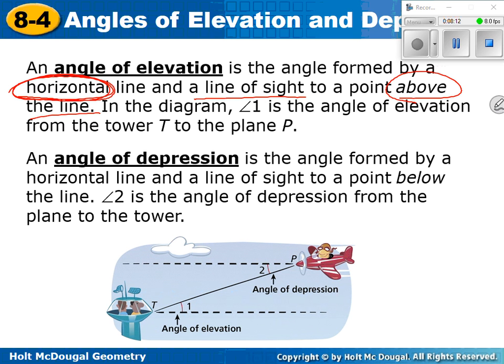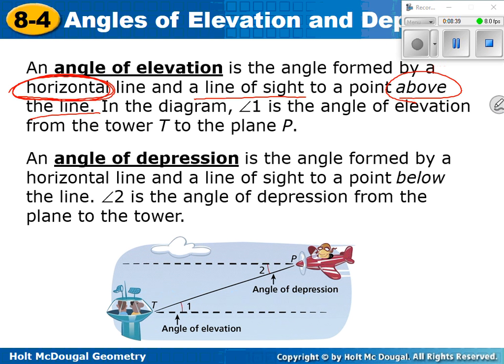In other words, I'll draw up here on the board. If I have a horizontal line and I'm going up with my line of sight, so I'm looking up at something, this is an angle of elevation. Does that make sense? If I am looking down at an object so that my line goes down from the horizontal, then that's an angle of depression.